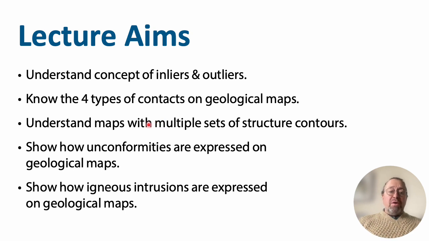And going along with that is the understanding of unconformities, which also have their own structure contours, and again igneous intrusions, which don't behave in the same sort of way, although when they're planar we can also draw structure contours for them in that situation.